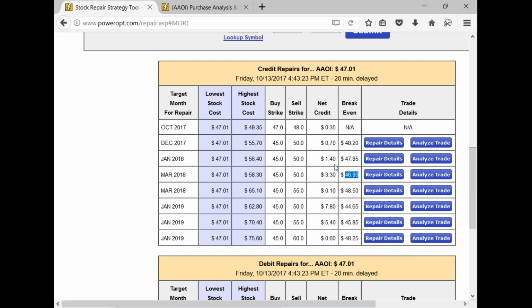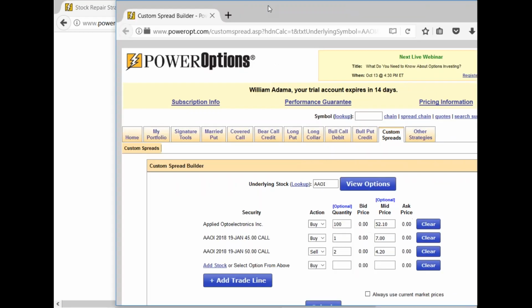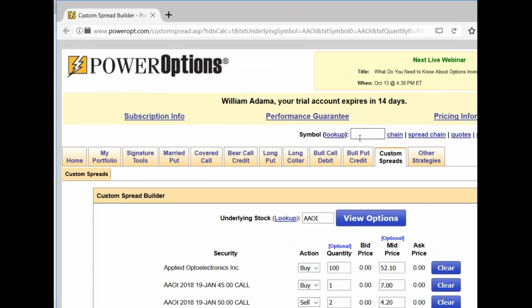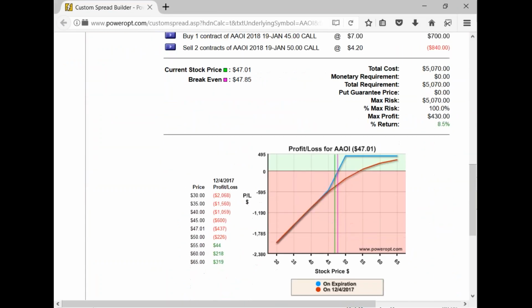But still, if I took assignment and owned the stock, I could do the ratio repair, and I could go out to March and have a break even of 46.90. Or go to January, and if the stock stays at 47.85 or so, on this position with that repair, I'm sorry folks, here we go. You're back to break even, and you can still have a heck of a return to the upside if it does go back above 50. That's if you took assignment.